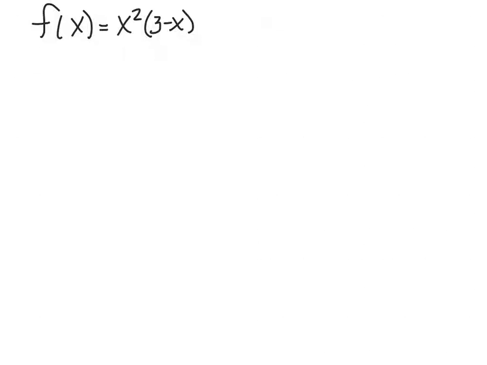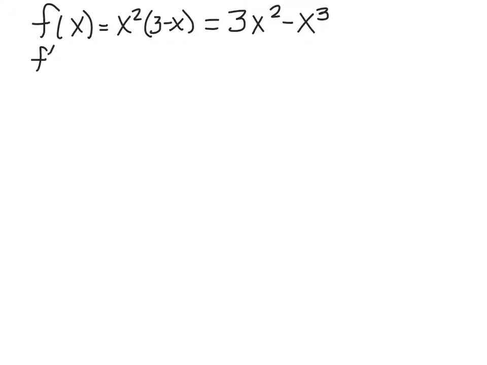So let's take a look at one more function. We have f of x equals x squared times the difference of 3 and x. In order to take the derivative of this, we have to distribute this back out. So I'm going to change this into 3x squared minus x to the third.